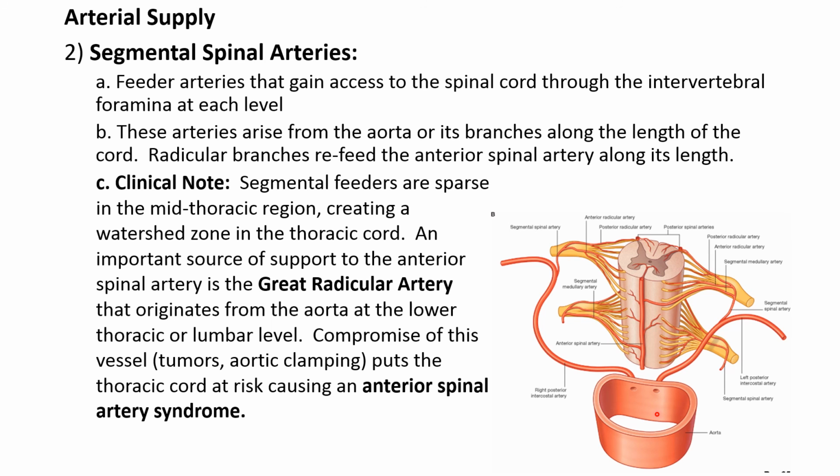The aorta, of course, is getting its input from the atrium. And off of the aorta, you have these intercostal arteries that then feed the radicular arteries, and the radicular arteries feed the anterior spinal artery. It turns out that there's a critical role of the great radicular artery down in the lower thoracic level, so that if it happens to be blocked, or there's blockage in the anterior spinal artery itself, it results in an anterior spinal artery syndrome.